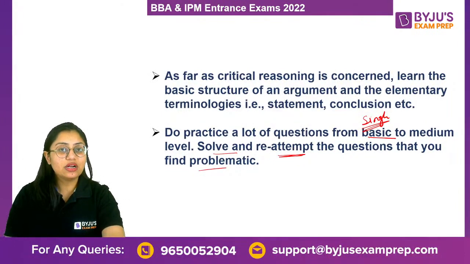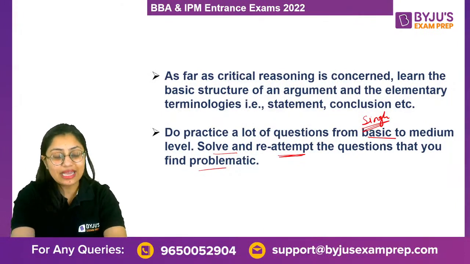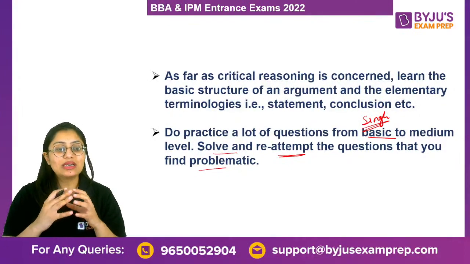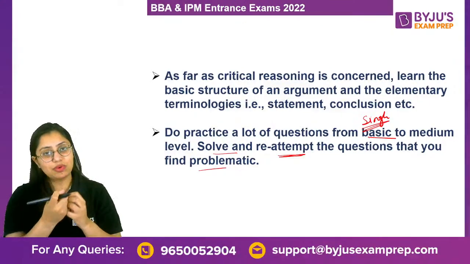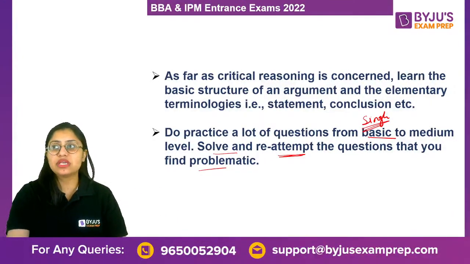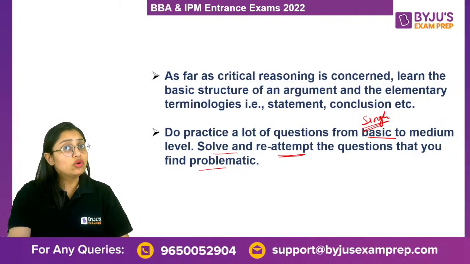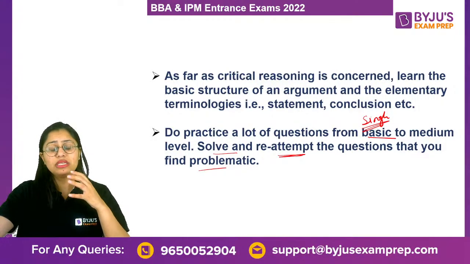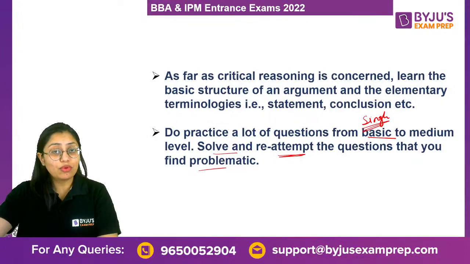If you're getting a question wrong each and every time you try to solve it, why don't you understand what the examiner is asking? The examiner might ask about banning cigarettes, and I'm saying no, that is not a correct course of action. You cannot ban cigarettes in a country like India. Why? Because a lot of people are employed because of it.